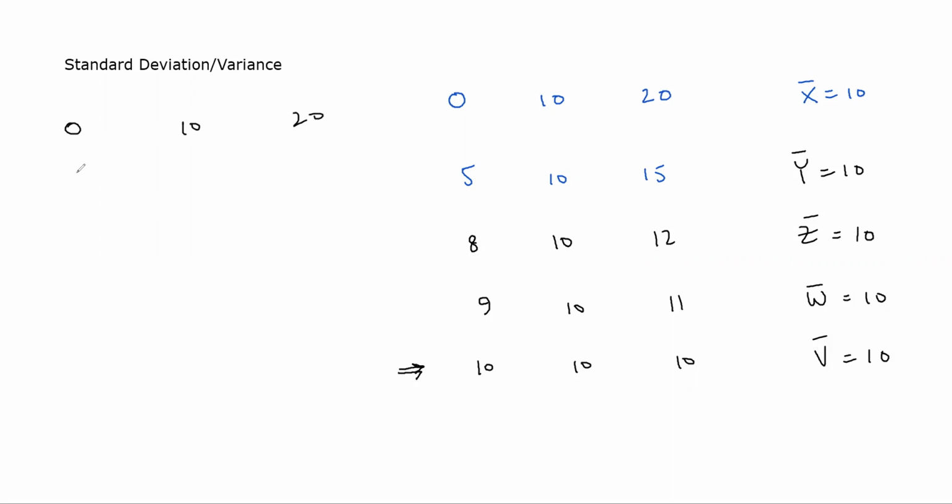Then you might have 0, 6, 10, 14, and 20. You see, the mean is the same, the range is the same, okay? You might have 0, 2, 6, 10, 14, 18, and 20. So you see that the range is the same, the mean is the same.